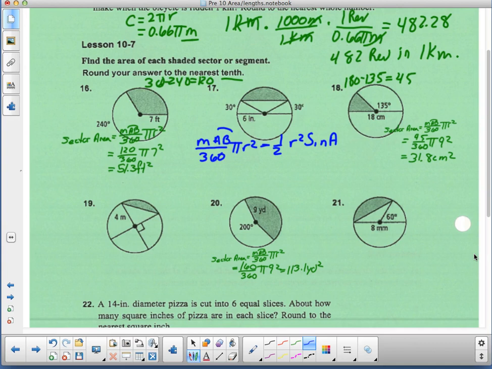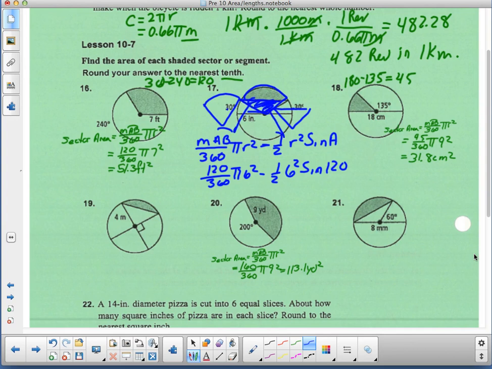So I've got the sector area, and I've got my triangle. So this is going to be 60, 180, so it's 120, over 360, pi 6 squared minus 1/2. Remember, radius is 6 squared sine of 120. And this is going to be my sector area minus my triangle. We find the sector area first, and then we subtract off this triangle.